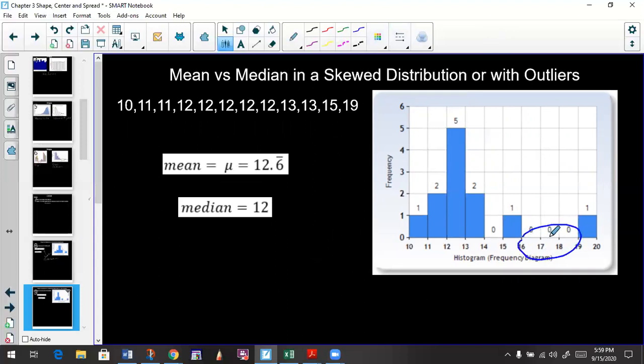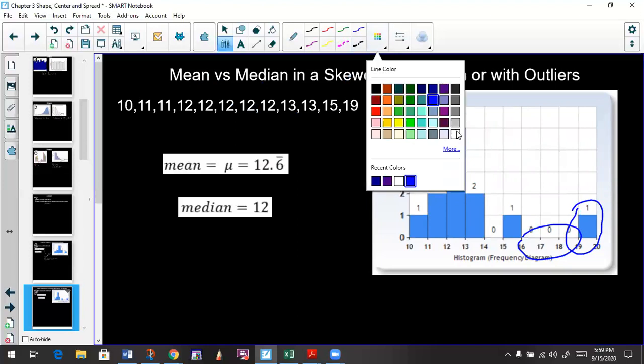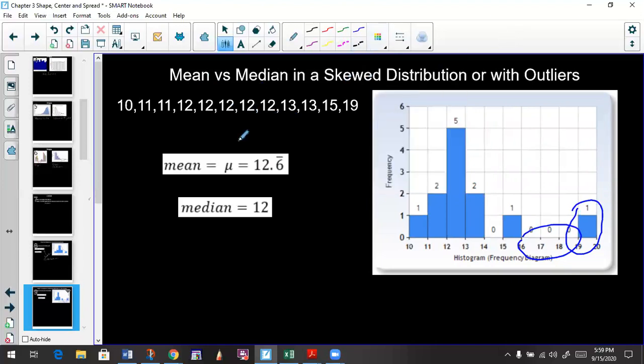So this one, we've got a gap, and it looks like we've got an outlier. So I've got the same data that I had before, except I added the 19 in there, which now creates gaps and an outlier. And what I want you to notice is that when we did that, the median did not change.